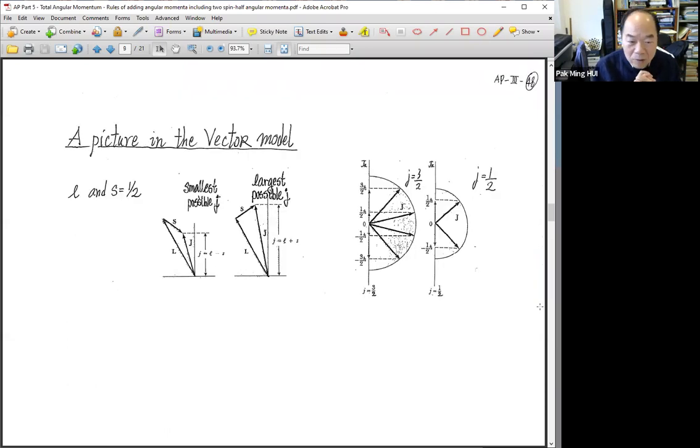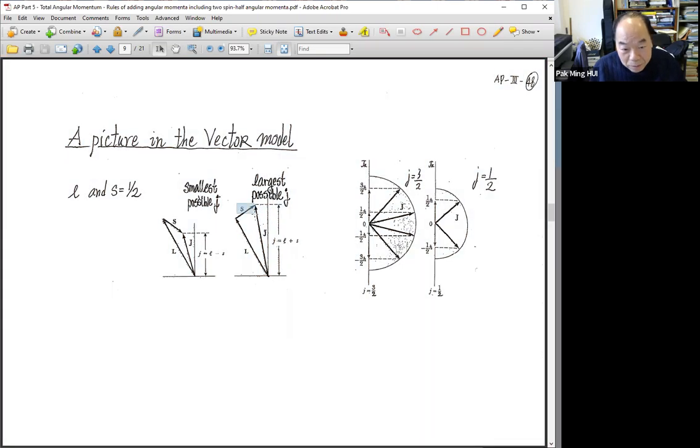In a pictorial way, what we just said is the following. In this case, we have the Z of L that is the longest. The Z of S, again, is the longest here, half h bar. Then we add them up, thereby J is very long, and that is the 3/2 case.